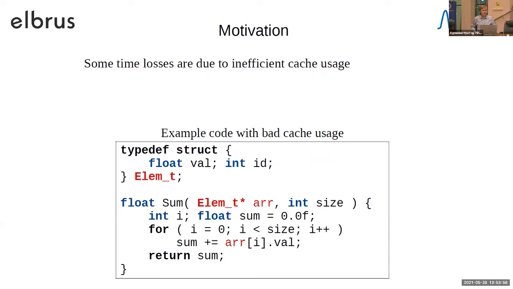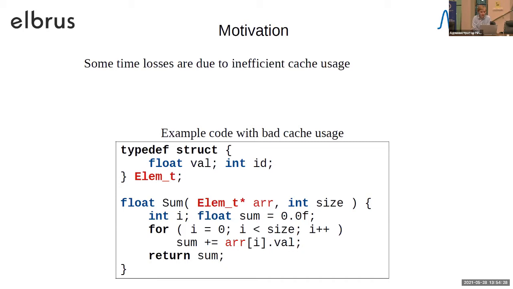This is a simple example of unnecessary cache misses because arrays of structures in C are saved one by one, with field val, then field ID for the first element, then field val and field ID for the second element, and so on.